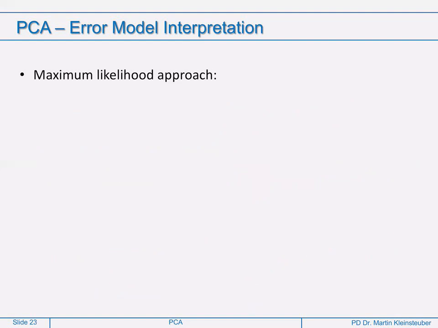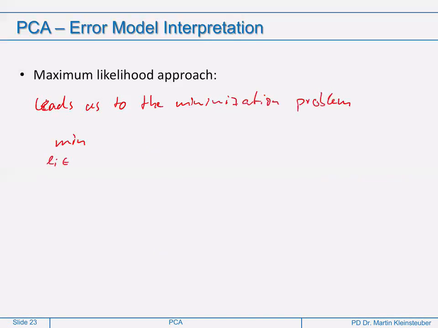So this leads us to the minimization problem: to minimize, where all Li lie in a low-dimensional subspace, X minus L squared.